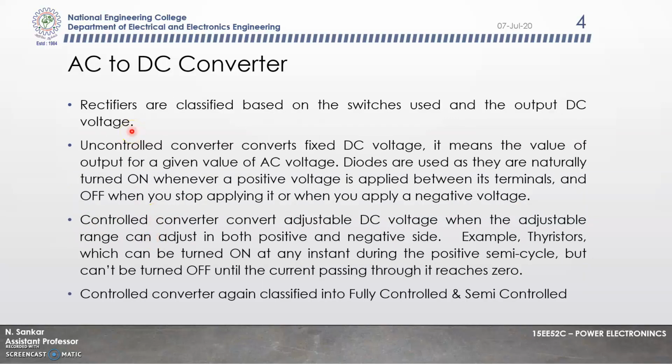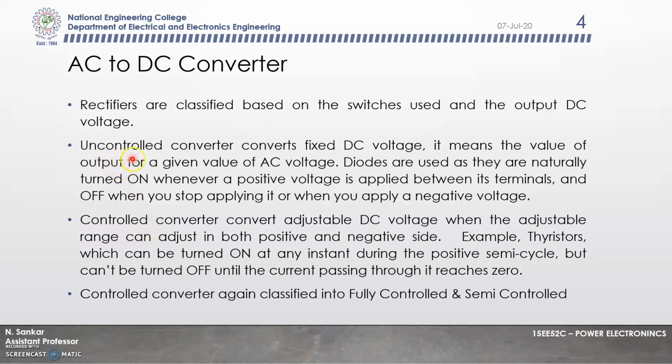Mainly based on the switches used in the rectifier, and on the output DC voltage: whether it is fixed or variable, and whether you get positive alone, negative alone, or both positive and negative. Based on these things we classify the rectifier into uncontrolled and controlled.